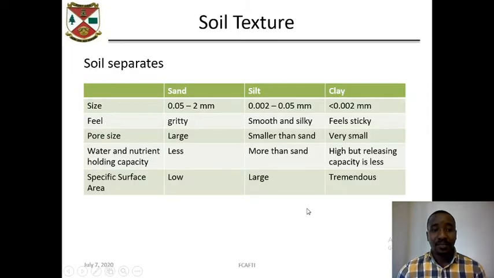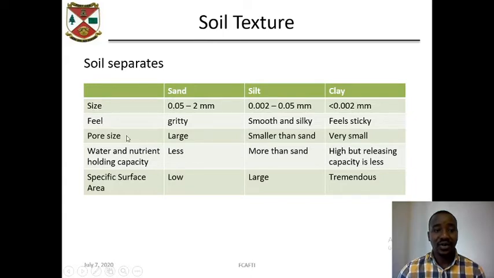Now, this table shows at the top the different soil particles, which are sand, silt, and clay, and on your left hand side it shows us the physical properties of these soil particles. We have our particle sizes, and we have the feel. So how do these soil particles feel in your hand?